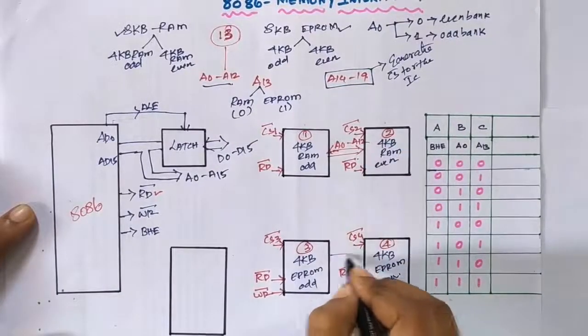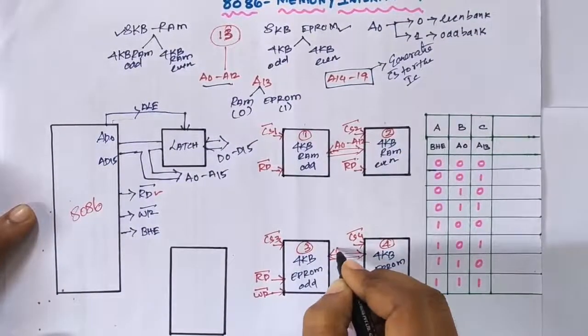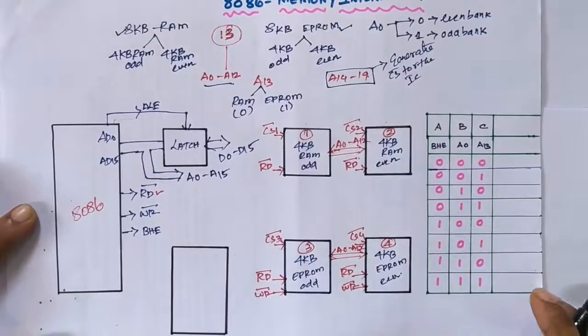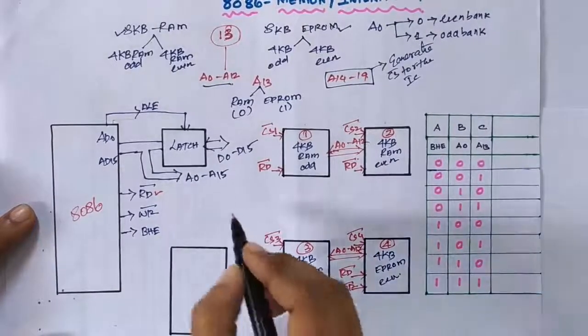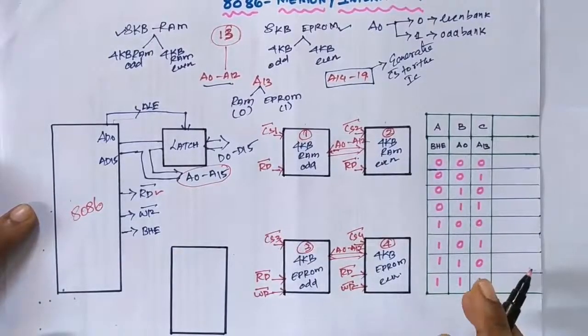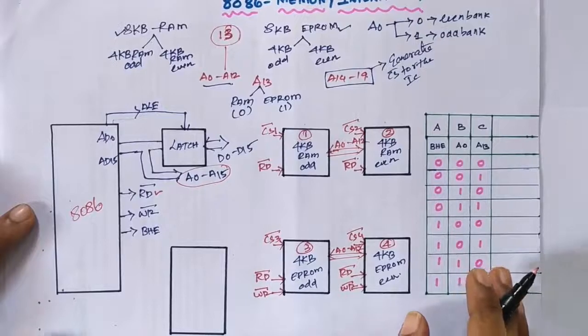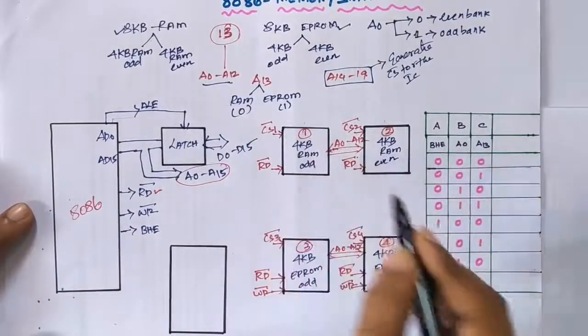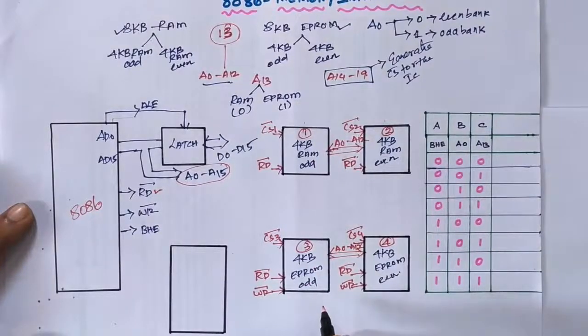Similarly, here also we have address lines A0 to A12. These A0 to A12 we can share with the address lines already available on the microprocessor side. Now my question is how to select the individual RAM type memory and EEPROM type memory.